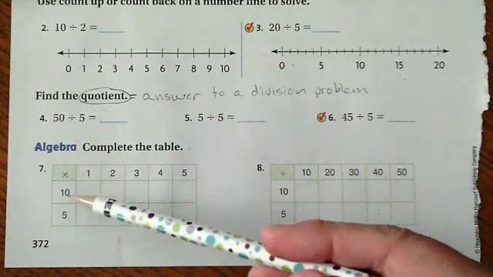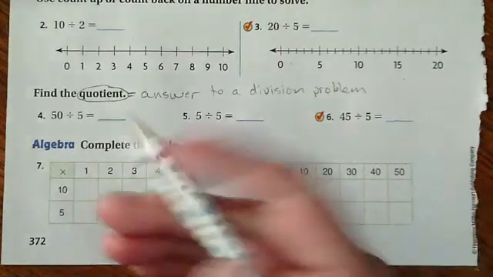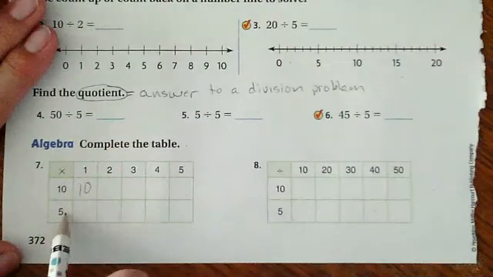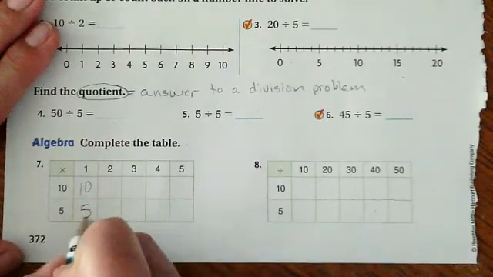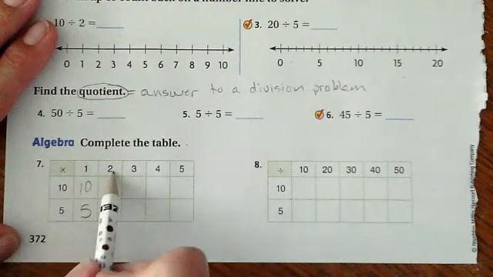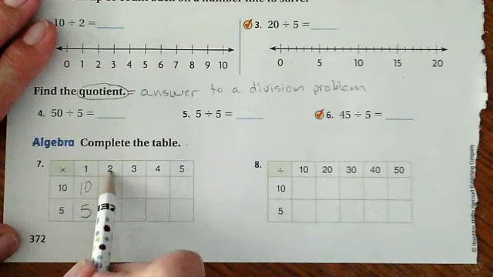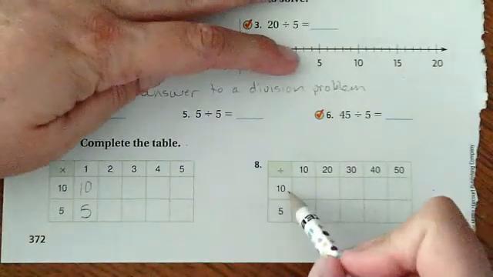So on this one, you're going to multiply, like 10 times 1 equals 10. On this one, 5 times 1 equals 5. Make sense? And then you'll go 10 times 2, 5 times 2, and you'll go all the way across filling those in. On this one, you're going to divide.